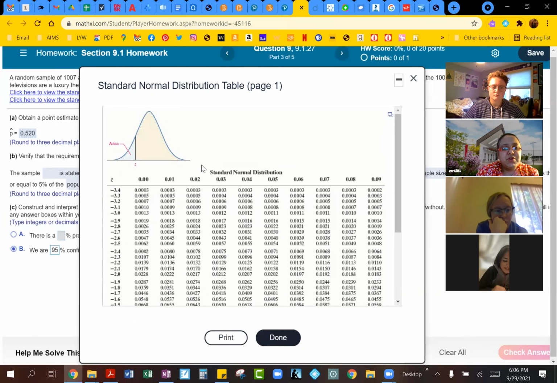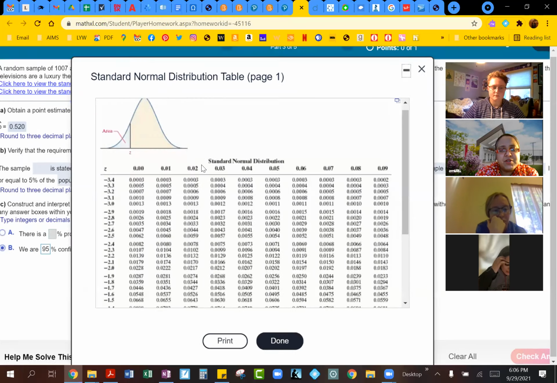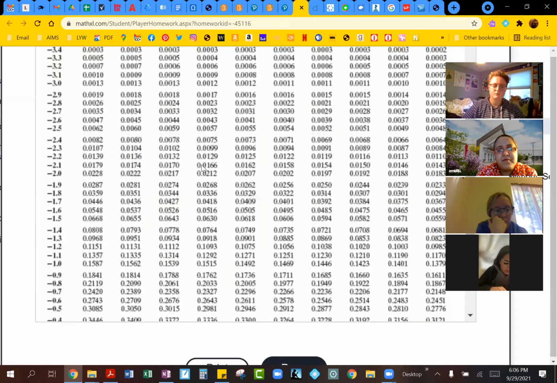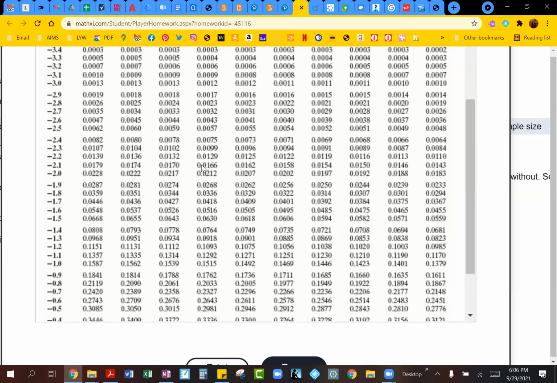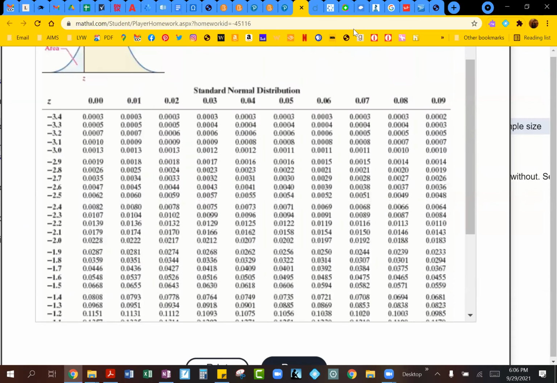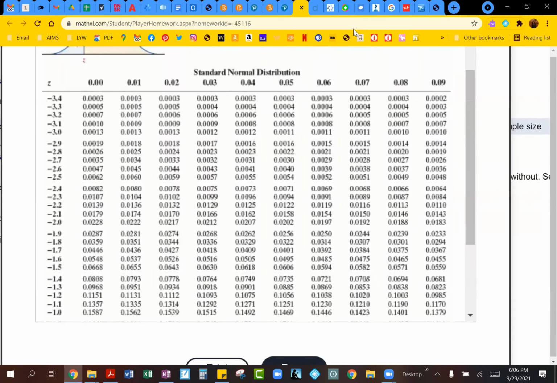And what we need to do with that alpha divided by 2 value is find it in the body of the normal distribution table. So we are looking for 0.025 in this table. And is it going to be in here?